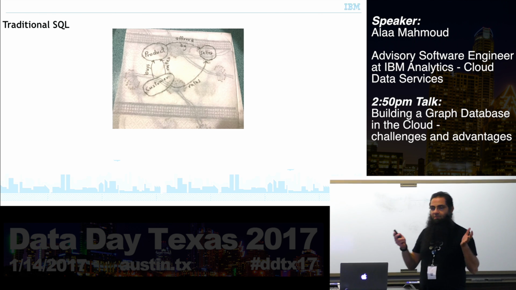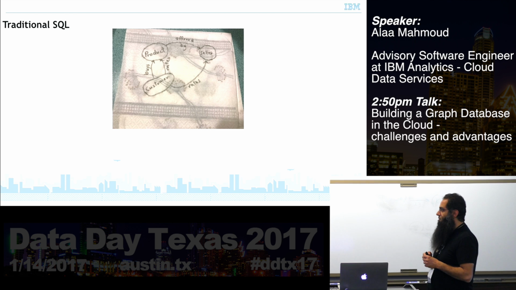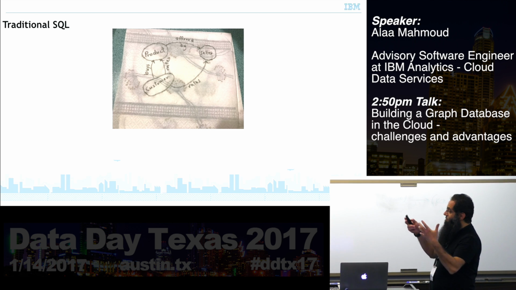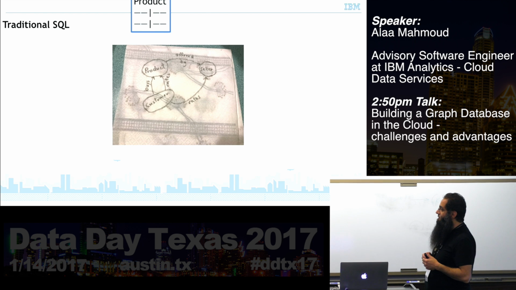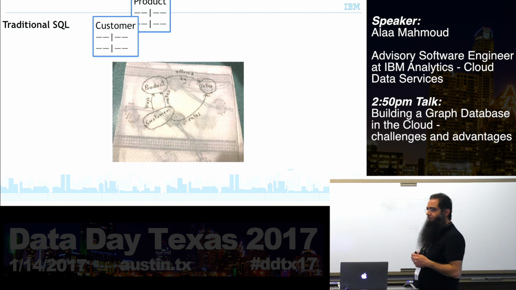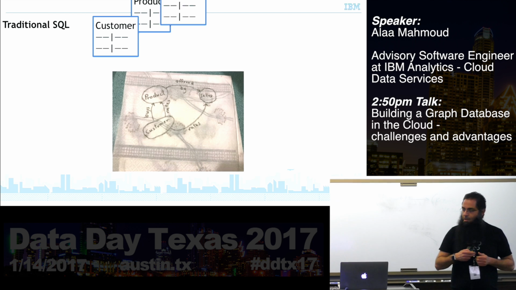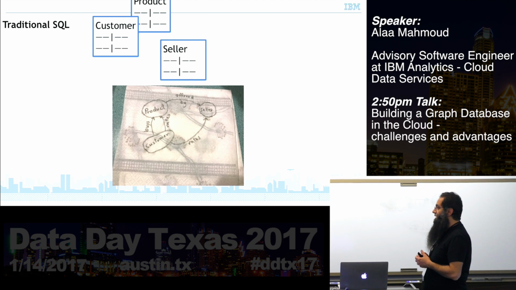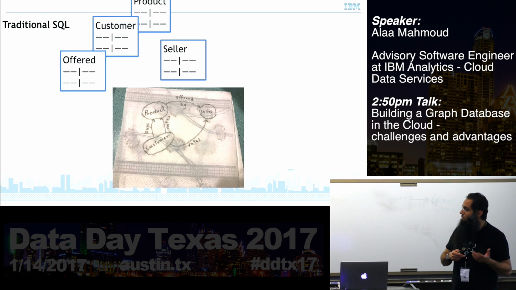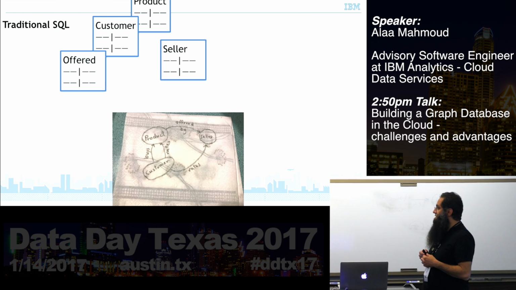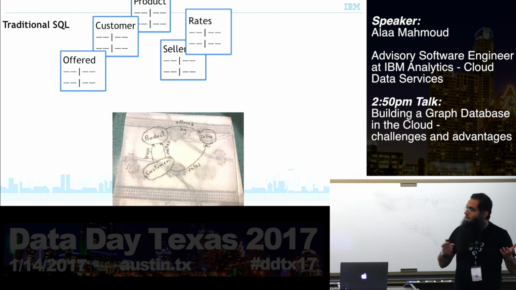In a traditional RDBMS, you would look at this model and say, well, I have a product, I need a table for this product. I have a customer, so I'm going to create another table for that customer. I also have a seller, so I'm going to create another table for that seller. But I also have relationships. So I'm going to create an offer table that links the product and the seller.